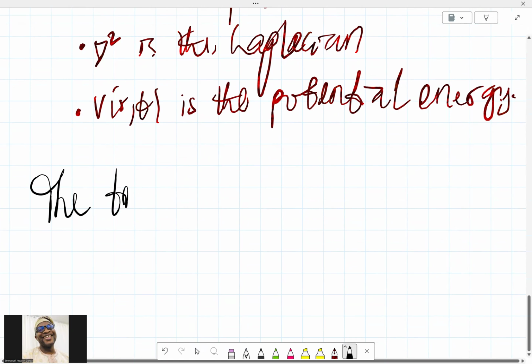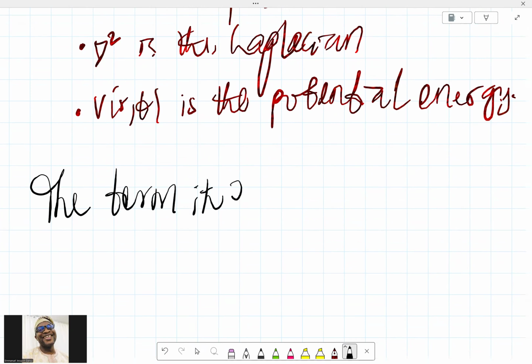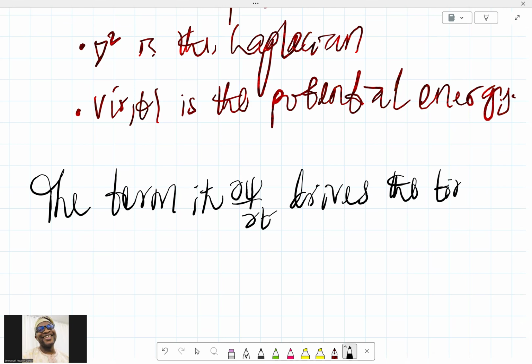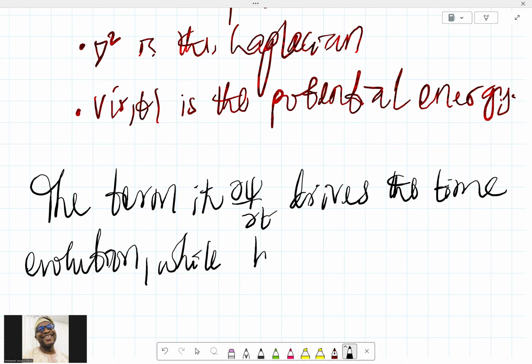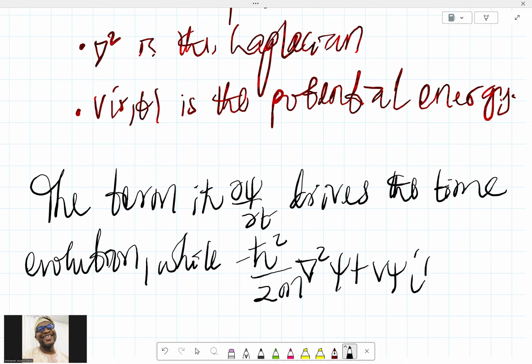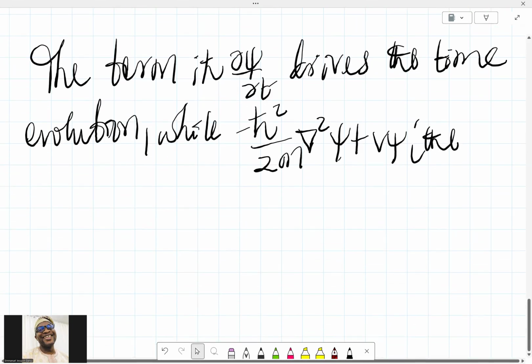The term i h bar partial psi partial t drives the time evolution, while minus h bar squared over 2m grad squared psi plus V psi, that's the Hamiltonian.